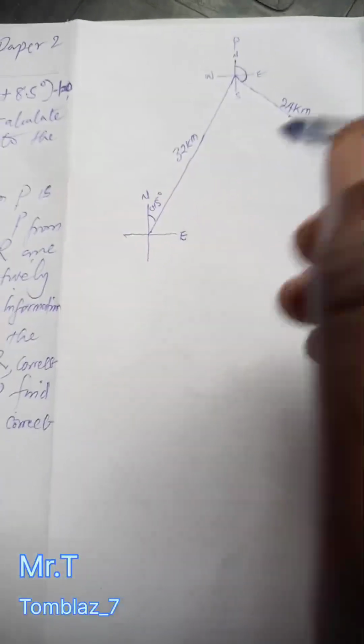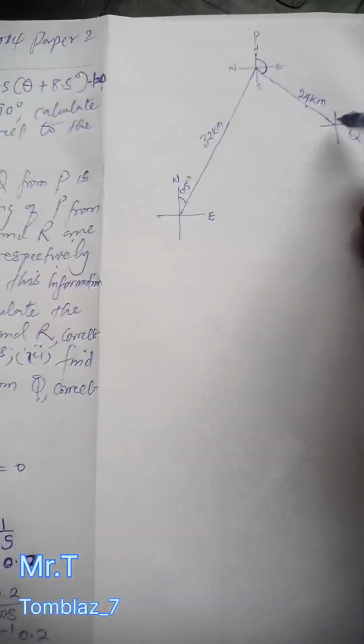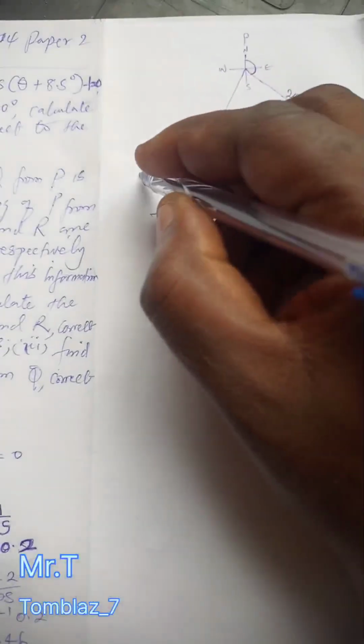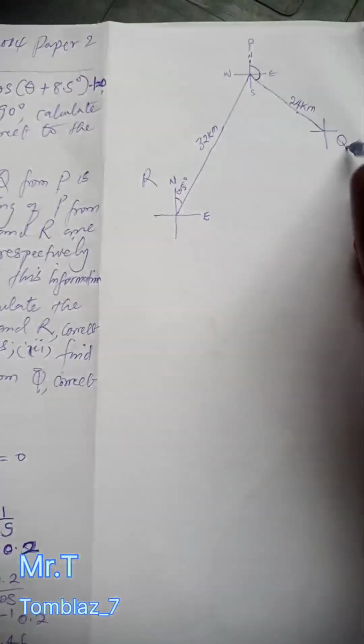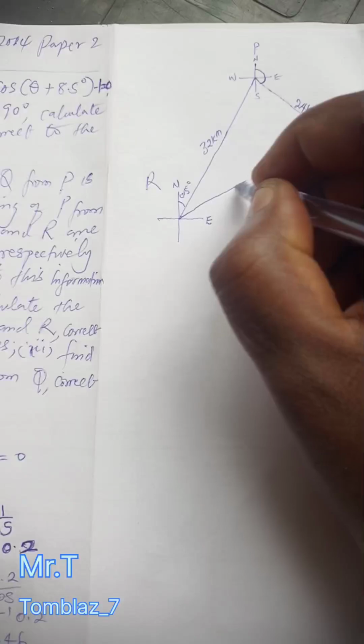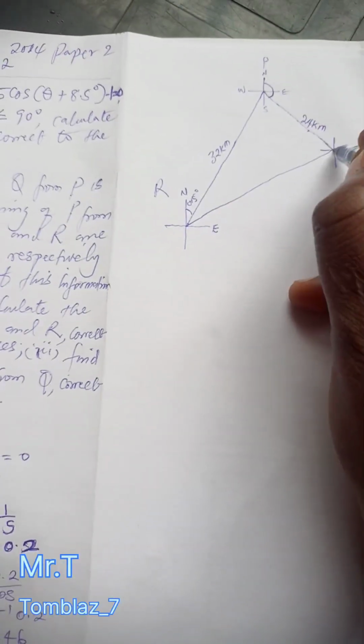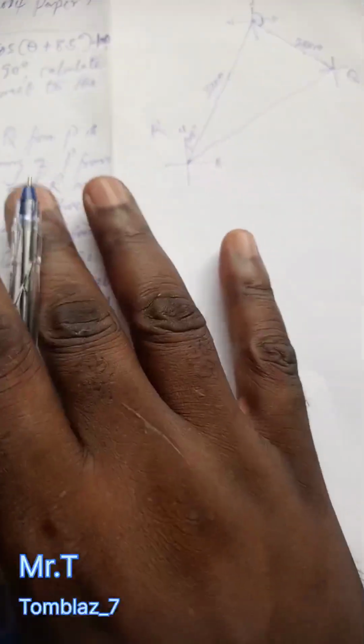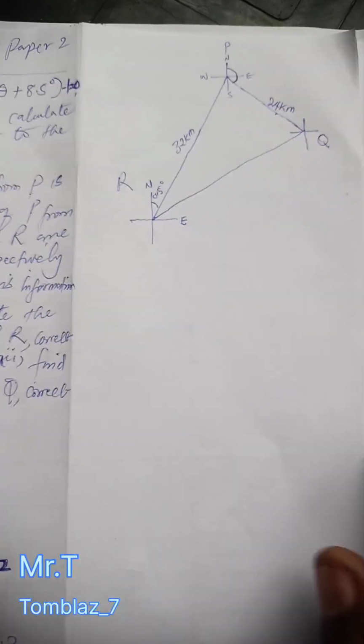Okay, so we have drawn the diagram. The only thing now, we have to connect R to Q. So we just take a straight line to get to that point. Alright, so that's our triangle for the bearings and the points involved.